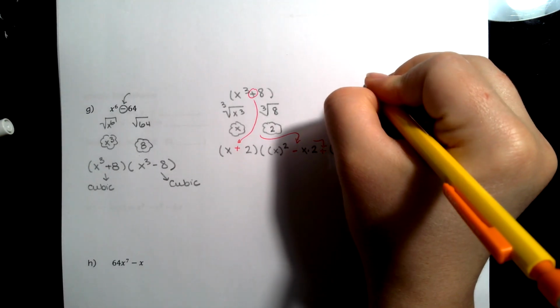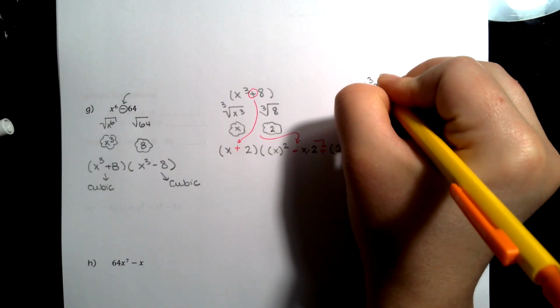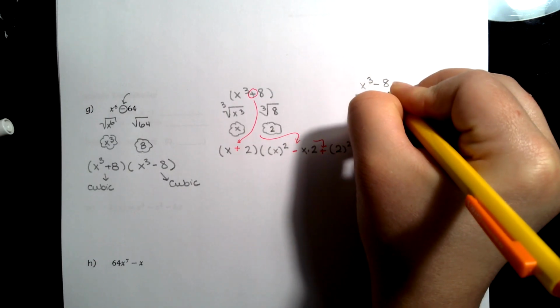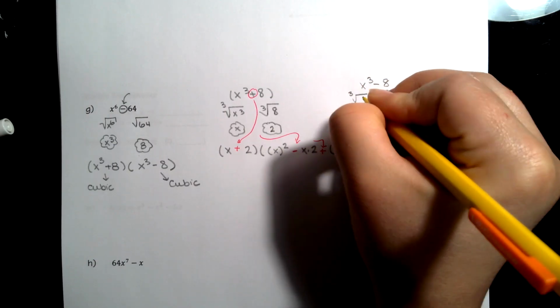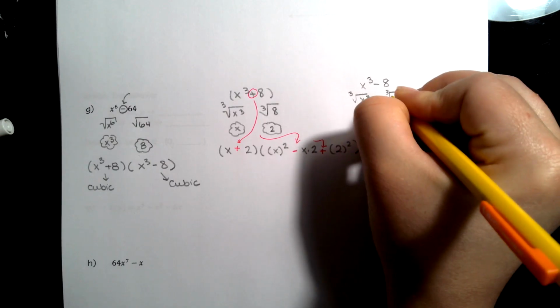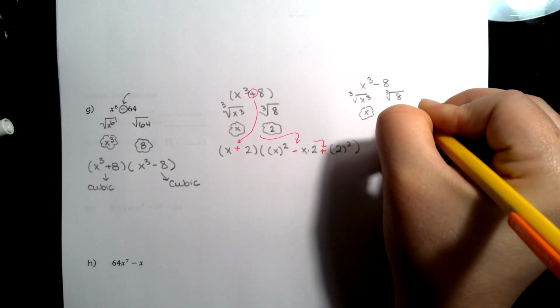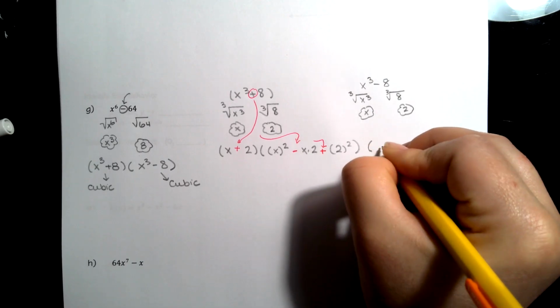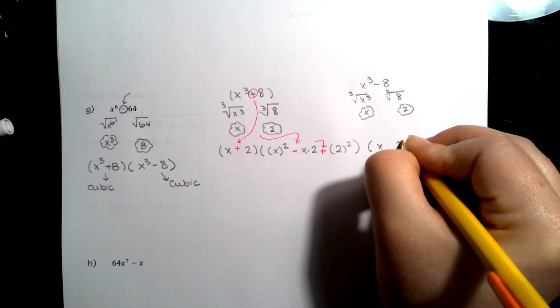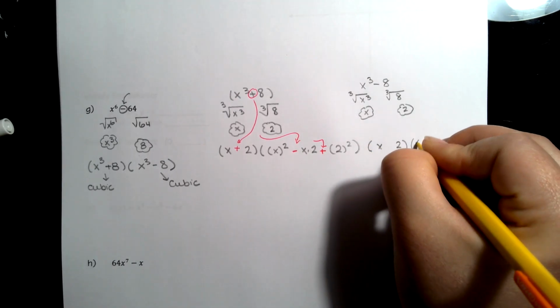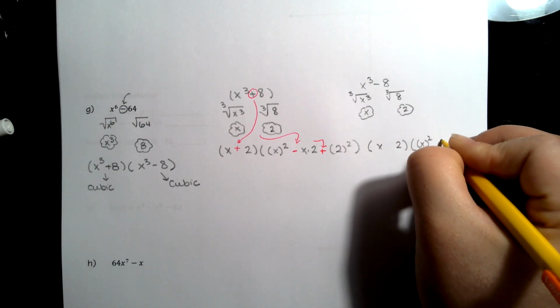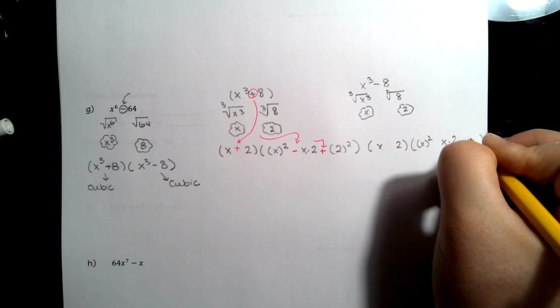Now we're going to do the same thing for our other cubic pattern. Notice that our A's and B's are going to be the same. The difference is going to be with the signs. So again, a, b, a squared, ab, and then b squared.